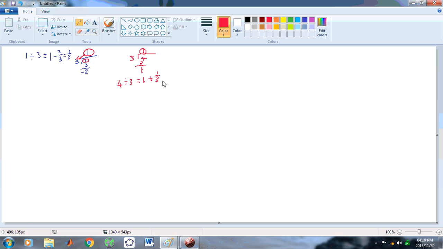In other words, 4/3. Okay. So as you can see now, in this particular case, nothing really happened. You didn't actually perform a division. All you did was this. You drew your straight horizontal line like that, and you put the 1 at the top and the 3 at the bottom. Okay.